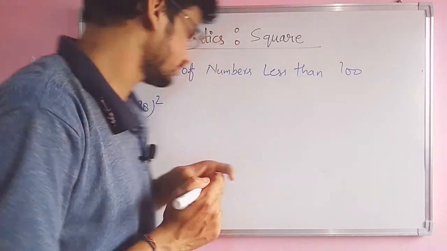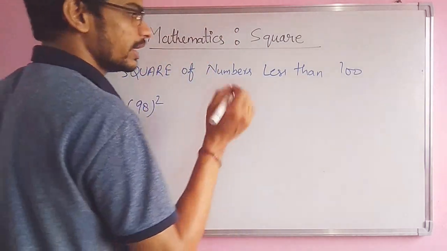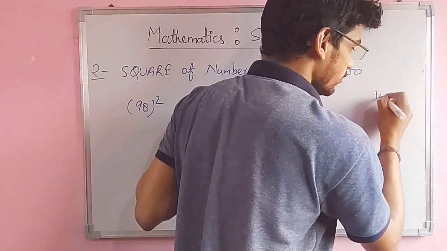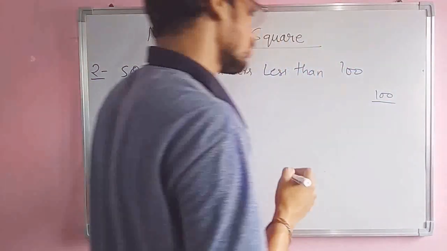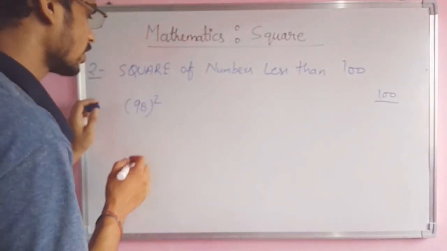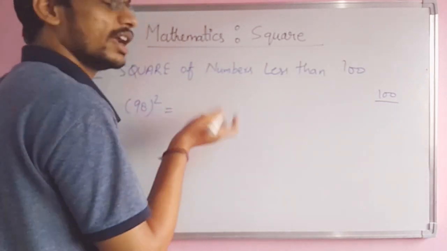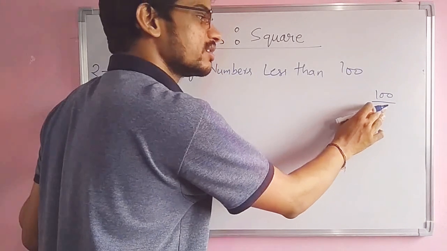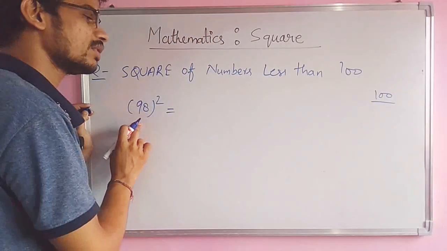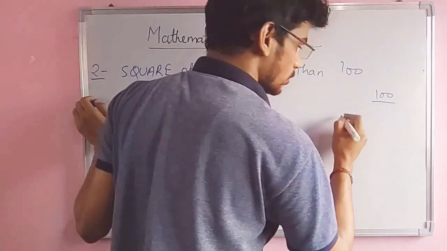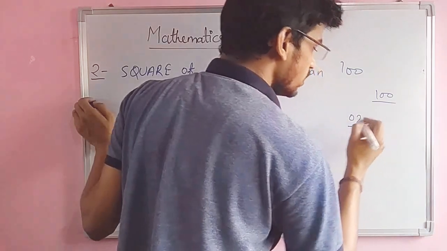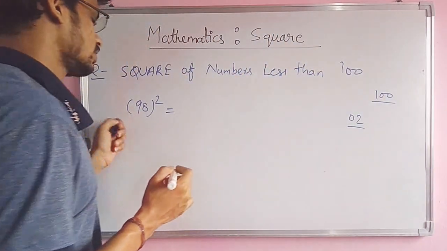In the first step, here is the golden number 100. We remember the golden number 100. Now the given number is less than 100. 100 is larger than the given number by 2. 2 is less than 100 by the given number.